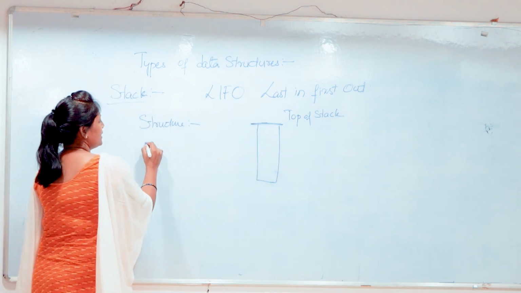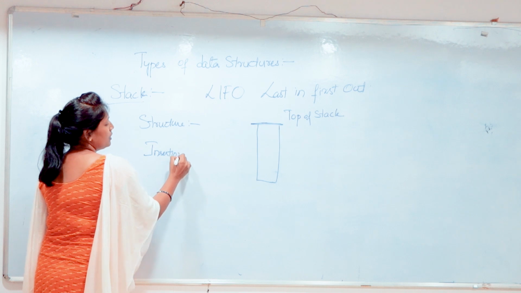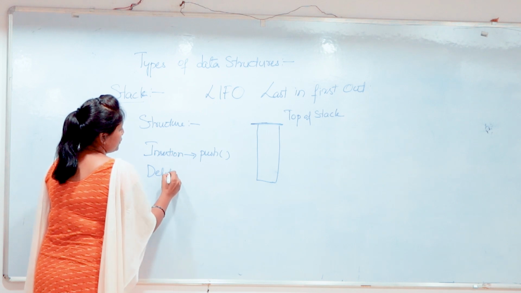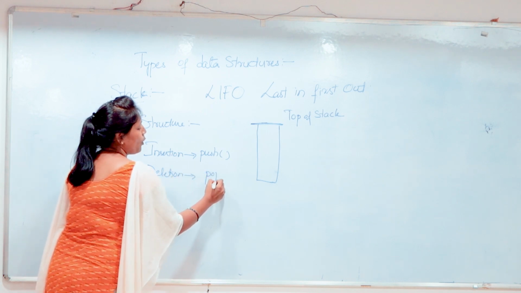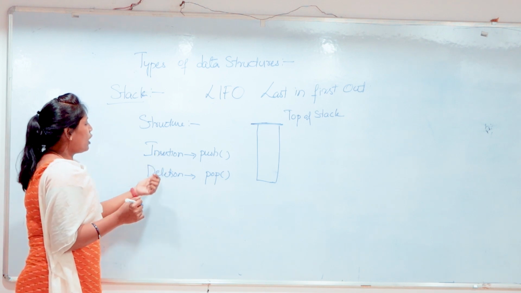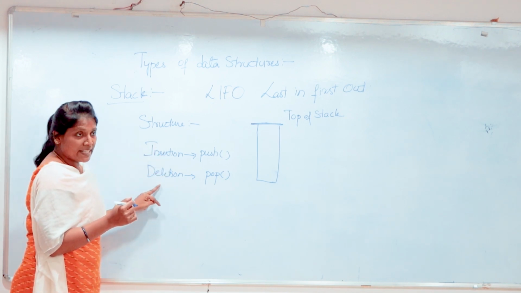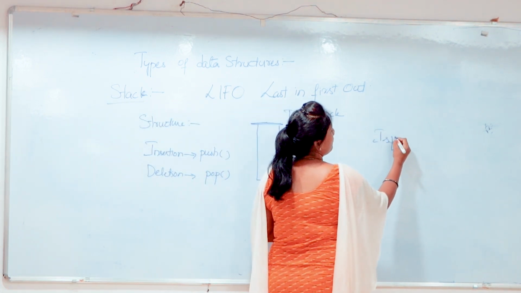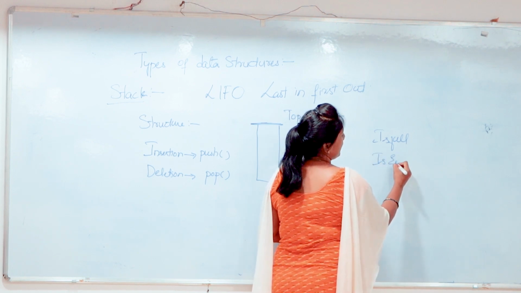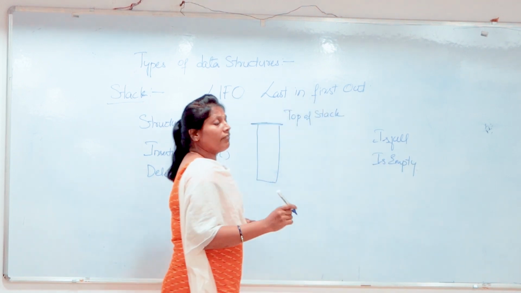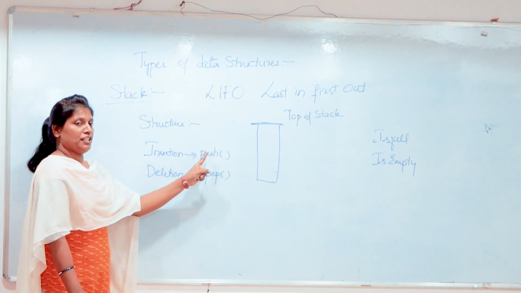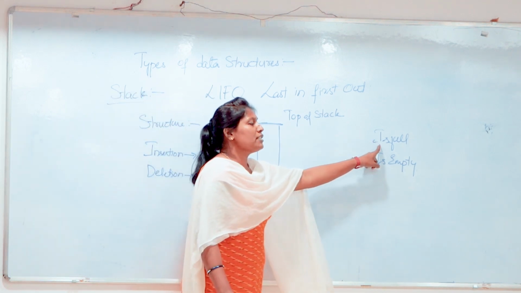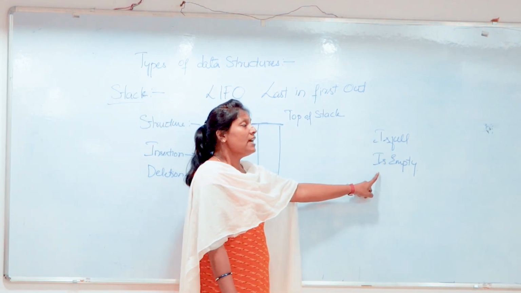The operations are insertion, called push, and deletion, called pop. For both insertion and deletion, we will check two conditions, that is full and is empty. While we are performing the push and pop operations on this stack, we will see these two conditions.